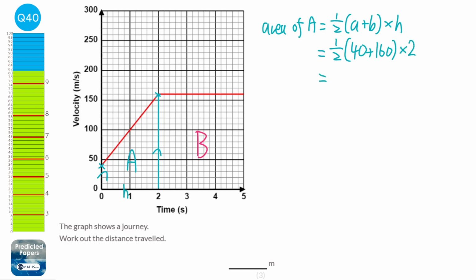Those will cancel out, the half and the times 2, so that would be 200. And similarly, to work out the area of B, it's just length, width times length.